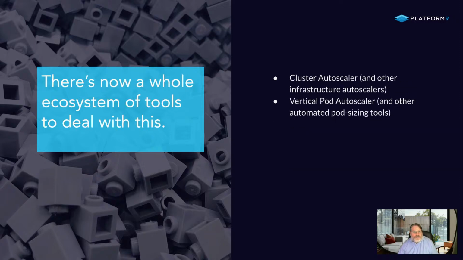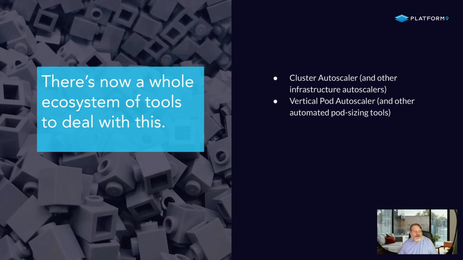And then, of course, in any case like this, where we have a complicated situation, especially something that's complicated under the surface, even though it looks simple on top, there's a whole ecosystem of tools to deal with this. It seems like there's a new autoscaler out there every day. The cluster autoscaler is kind of the granddaddy of them all, but there's also others that do things slightly differently, like Kata and Carpenter.